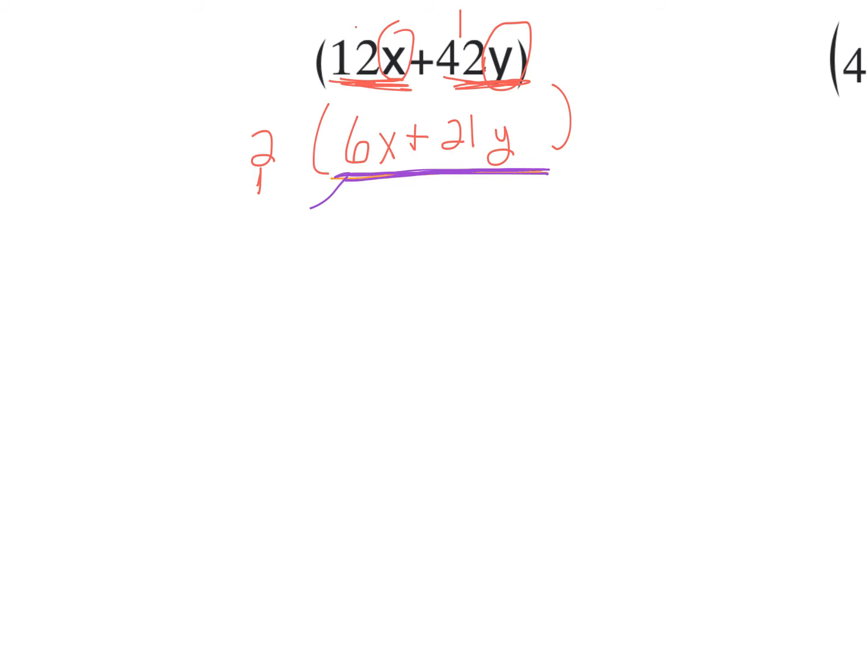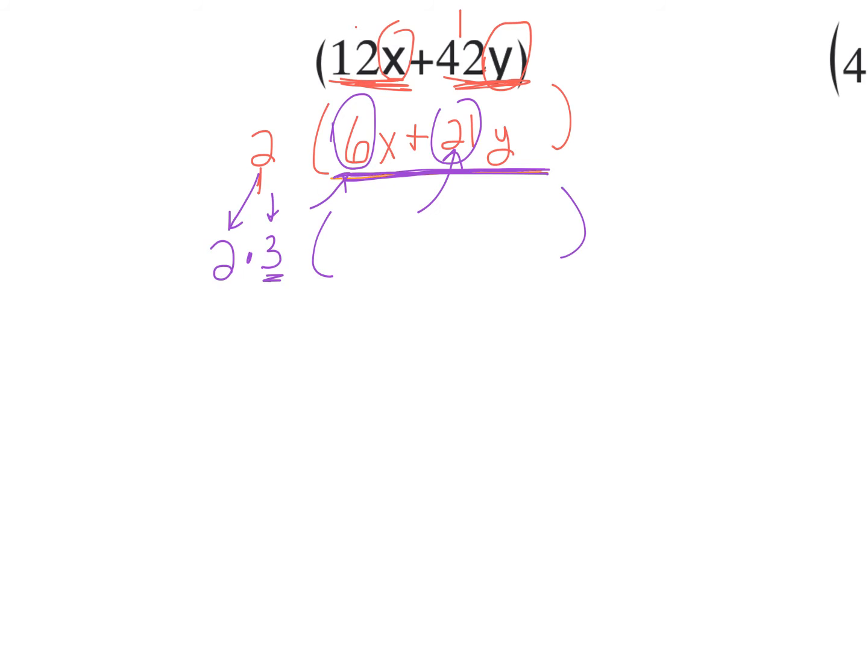Now looking at this, I have 6 and 21, which I know is divisible by 3. So I am going to kick out a 3. This 2 is this guy right here. This 3 is what I just took out. And now I'm dividing these pieces, 6 and 21, by this 3.